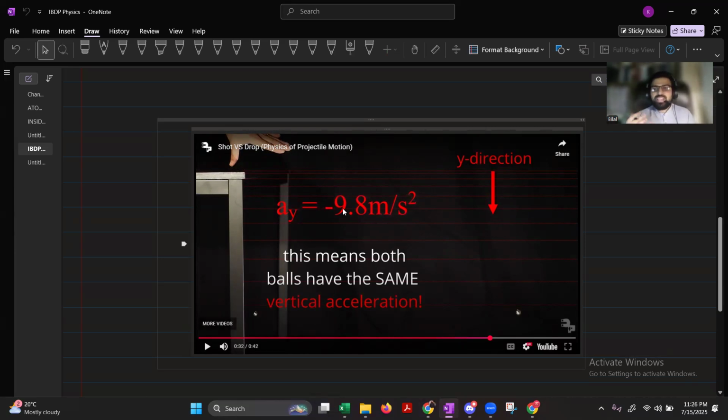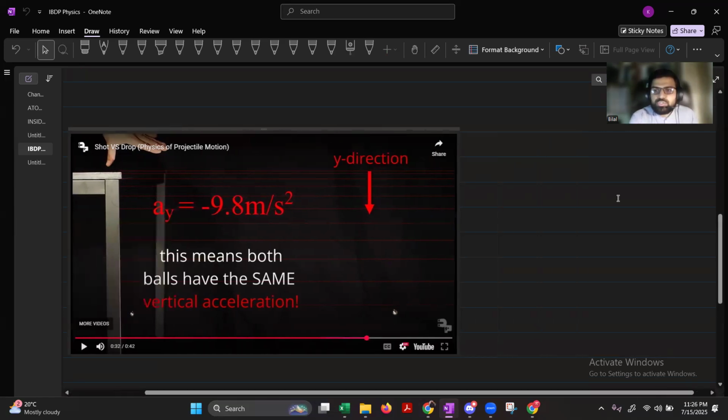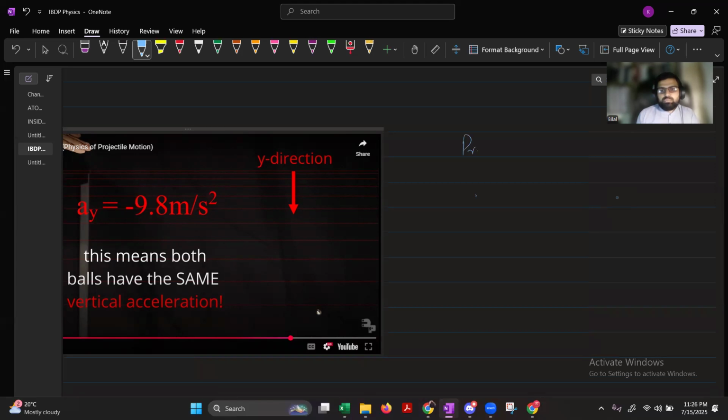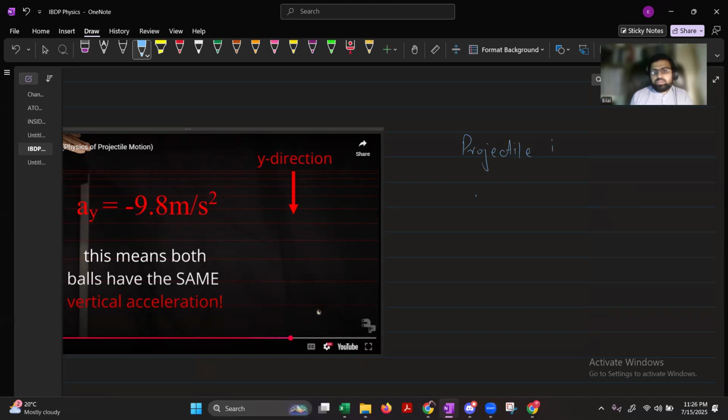If I try to write down the definition of projectile motion for you: projectile motion is a two-dimensional motion under gravity.